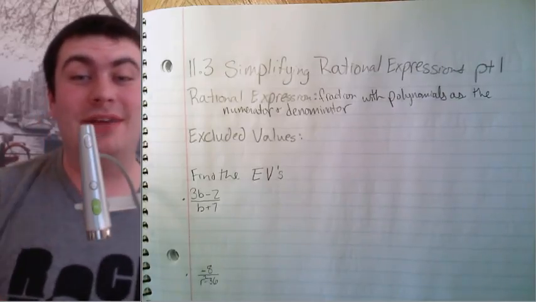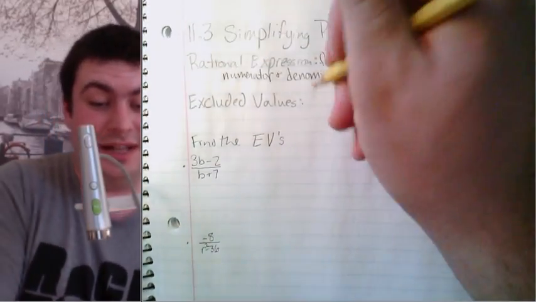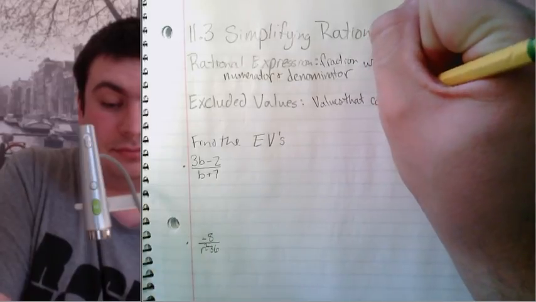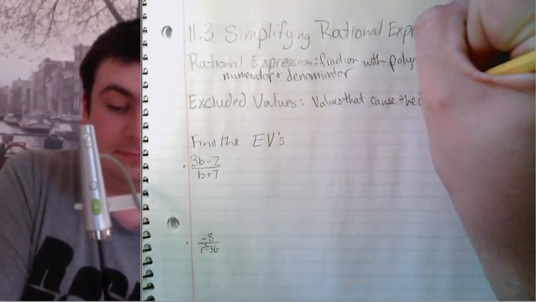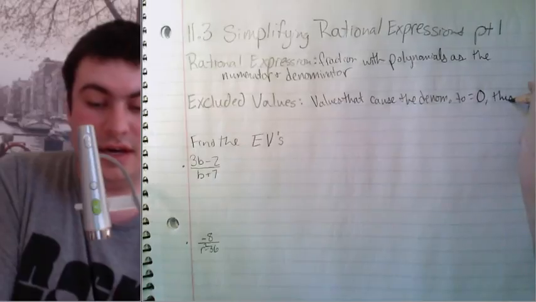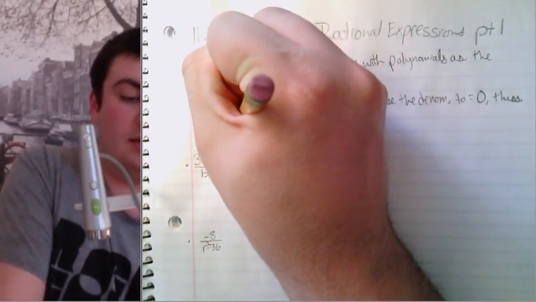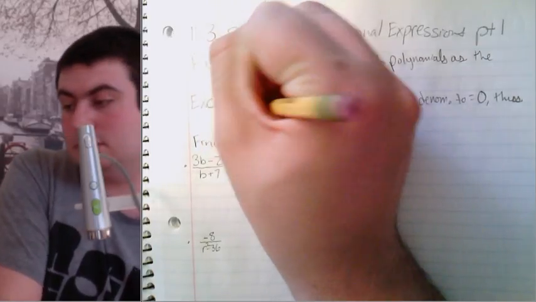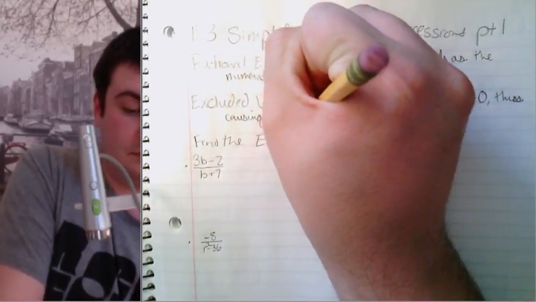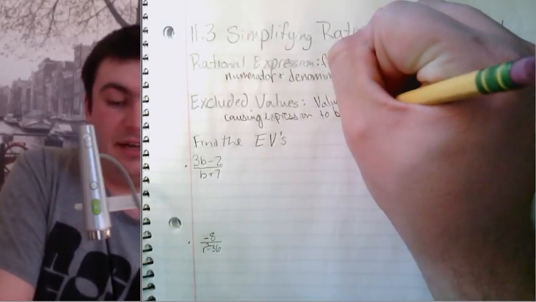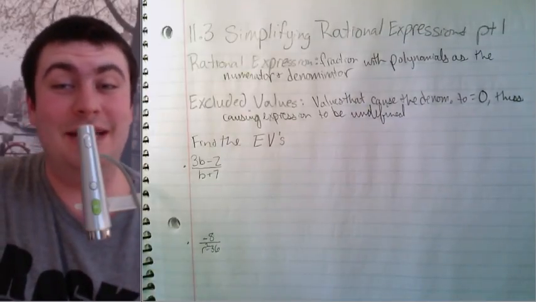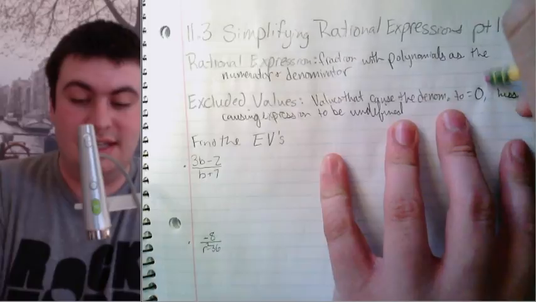Now, rational expressions have what are called excluded values. Excluded values are values that cause the denominator to equal 0, thus causing the expression to be undefined.